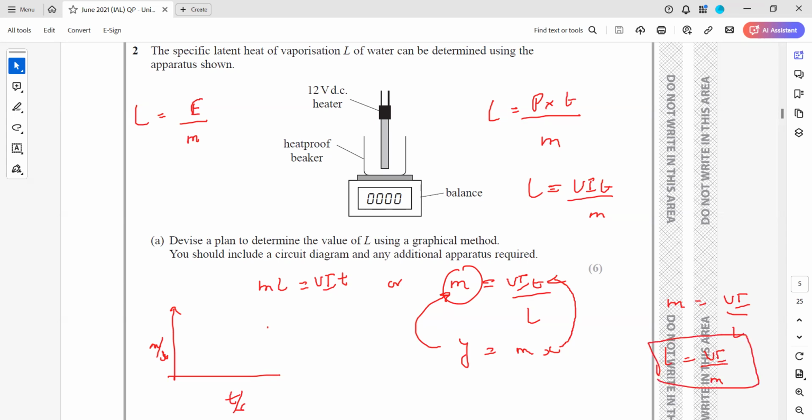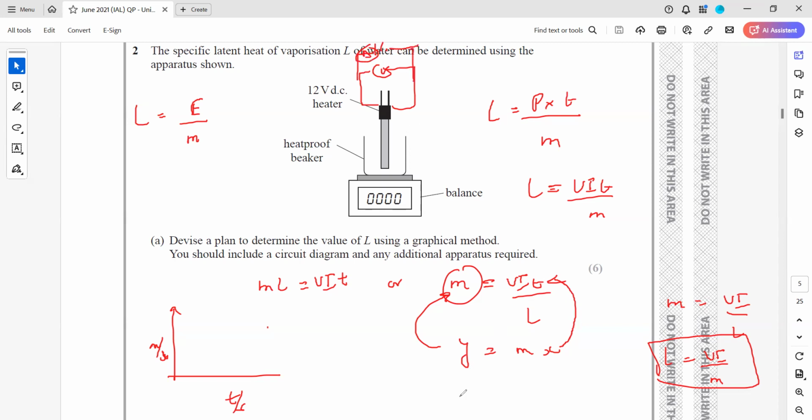And the electrical circuit which we need: the DC heater is there. So we need a voltmeter to measure the voltage, we need an ammeter to measure the current, and then the supply.